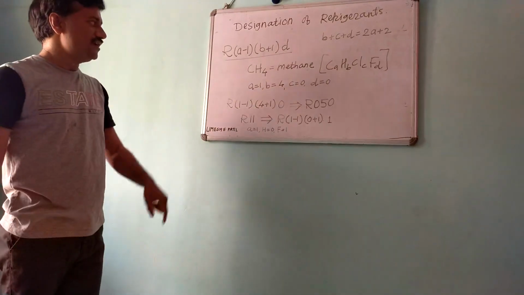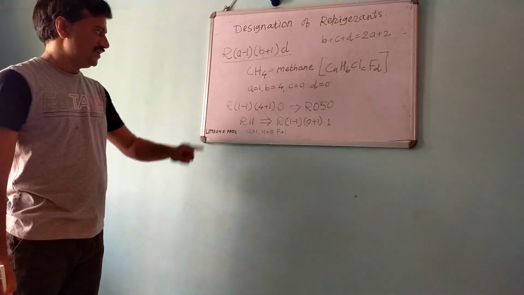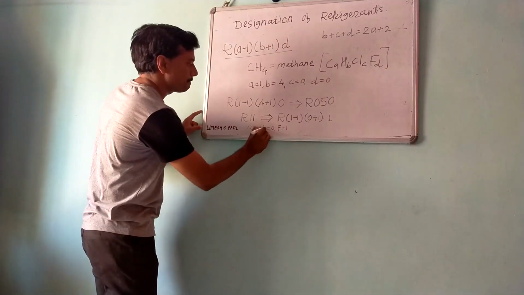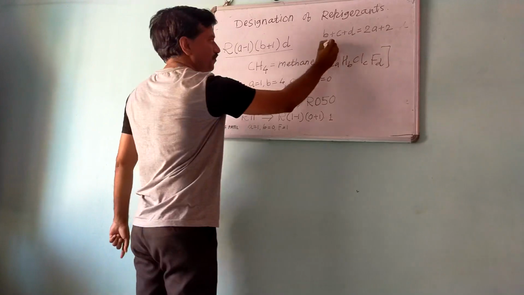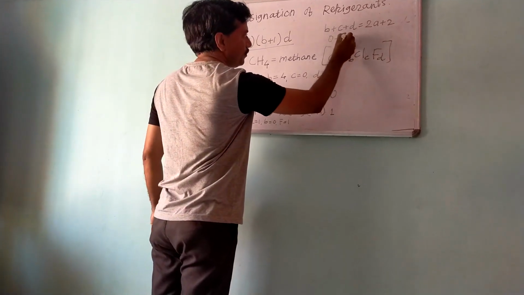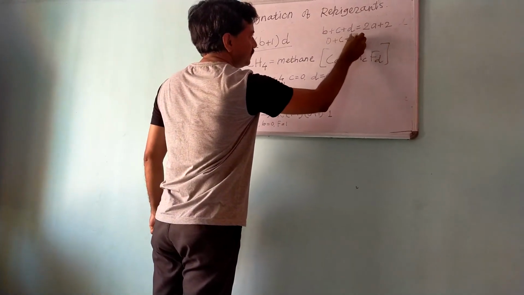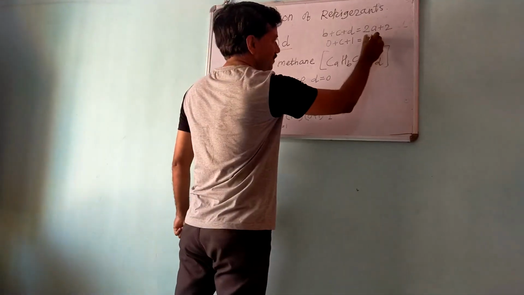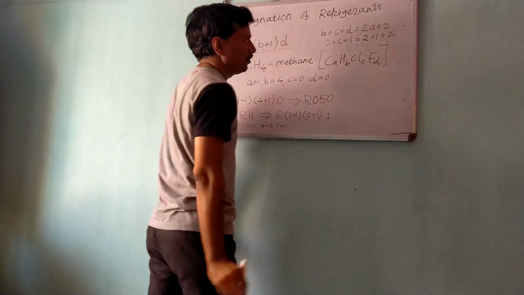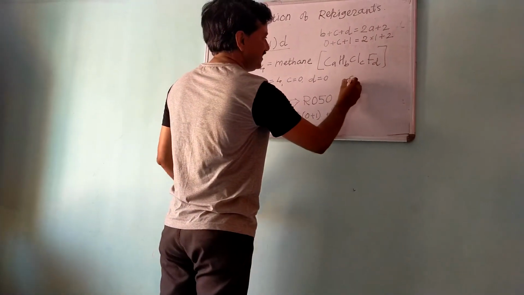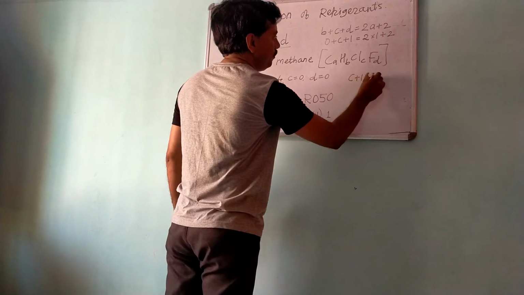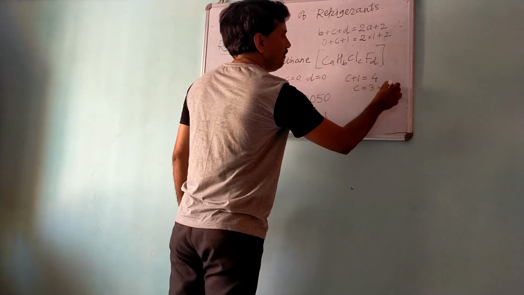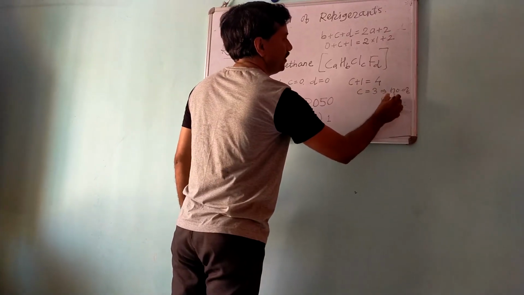So put the values here. b is 0, c we don't know, d is given as 1, then 2a, the number of carbon atoms is 1, so 2 into 1 plus 2, so it will be 4. c plus 1 is equal to 4, so it indicates c is equal to 3, that is the number of chlorine atoms.